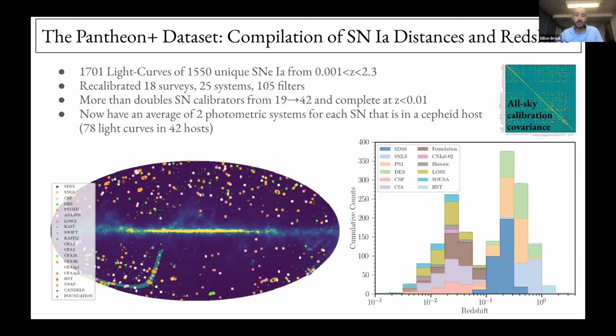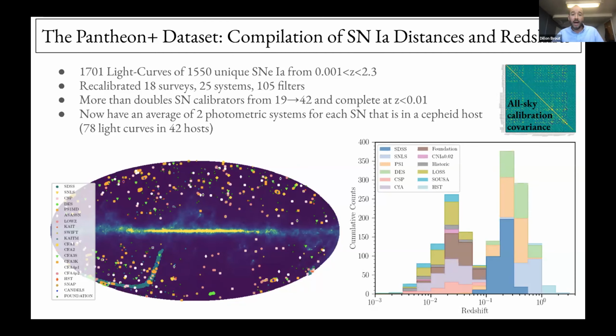This now brings us to 42 supernovae in the second rung. In the third rung, we have 1,000, but in the second rung, we have now 42, which is essentially a doubling over the last analysis that we put out. And we believe that we're basically complete out to redshift 0.01, which is essentially the limit of HST.